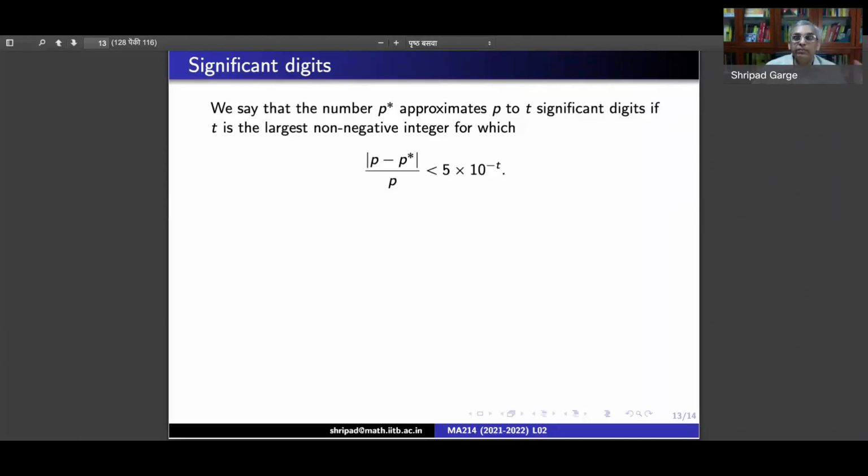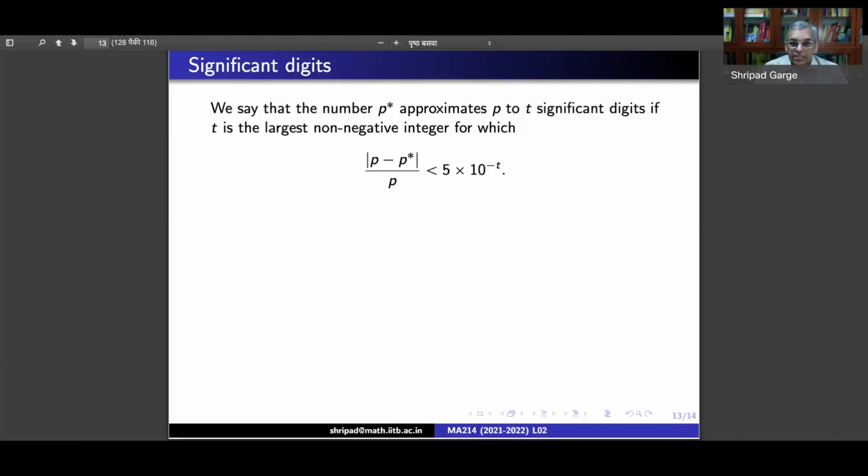The reason I gave you in the last slide is that absolute error will depend on the unit you are using, whereas relative error goes modulo the unit. The unit is superfluous information and it can create some problem. So relative error takes care of that, and therefore relative error is a meaningful number that we should look at, and that will tell us whether p star approximates p to t significant digits or not.